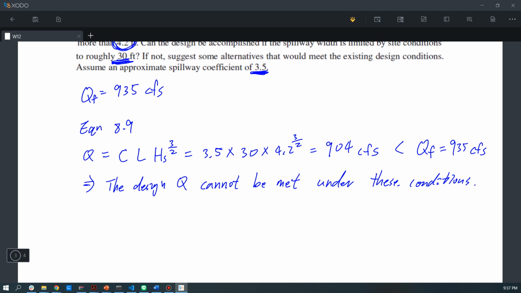Okay, so the next step is how can we improve our design to accommodate this QF?